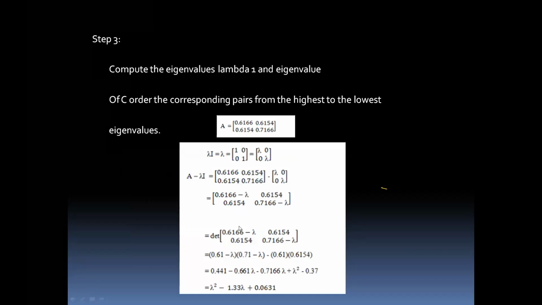Look here. After you compute the covariance, you try to identify the eigenvalue using A minus lambda into I, where I is the identity matrix. After we performed all the process, we attained 0.6166 minus lambda, 0.6154, 0.6154, 0.7166 minus lambda.